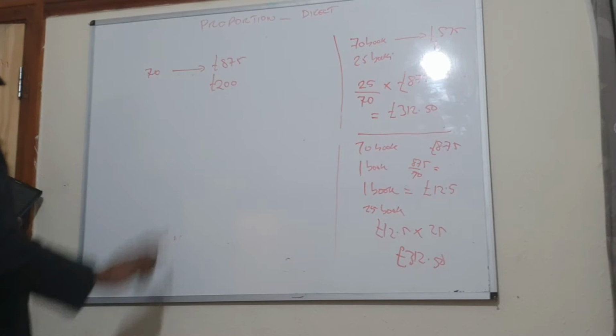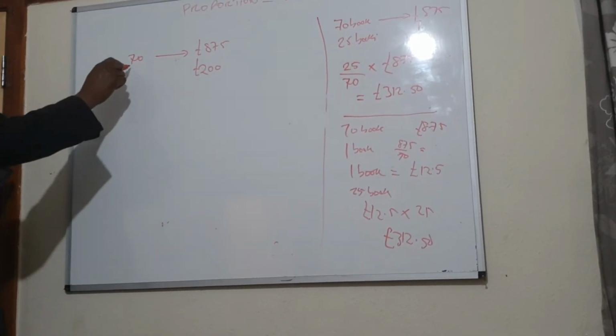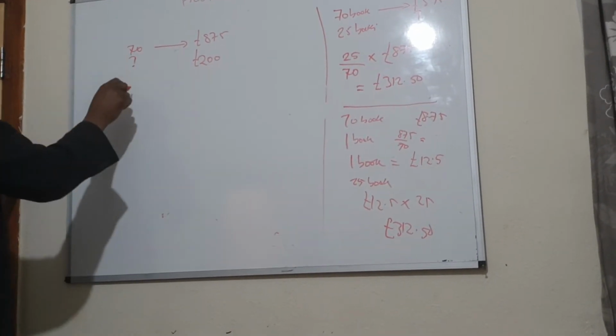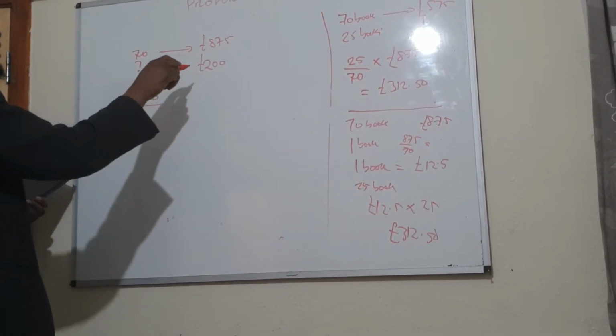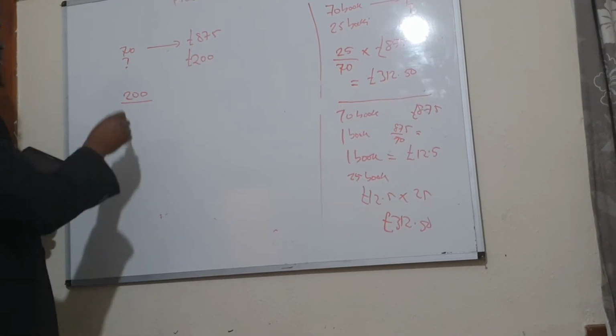Remember, we are doing pound and pound. This is what we don't know, so the one we don't know goes up. So 200. What comes down? 875. Remember, the principle is money over money. That's right.